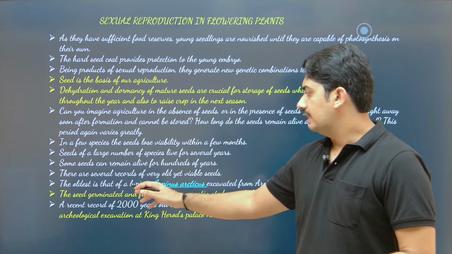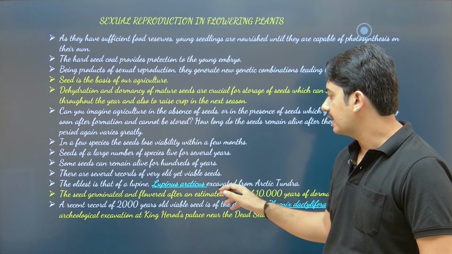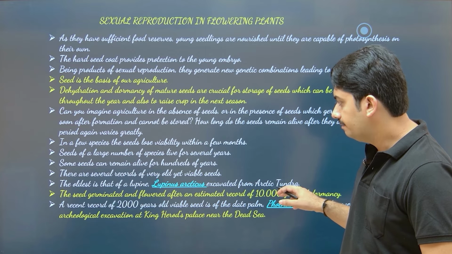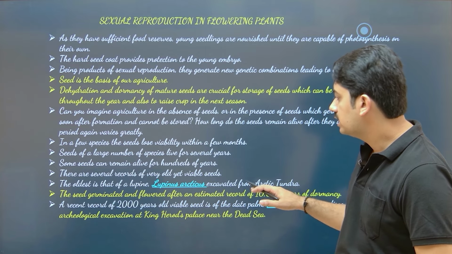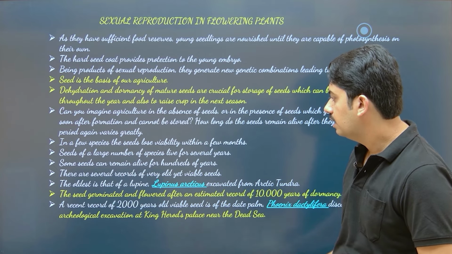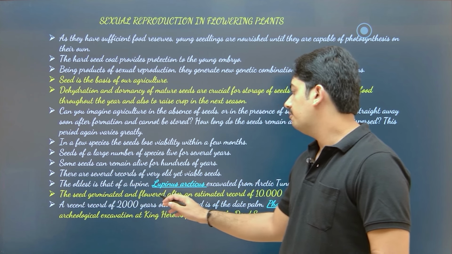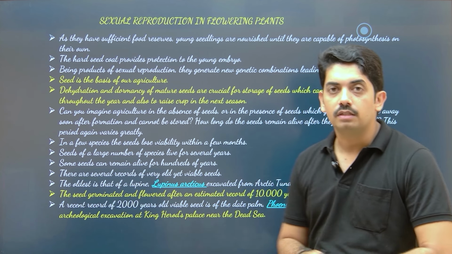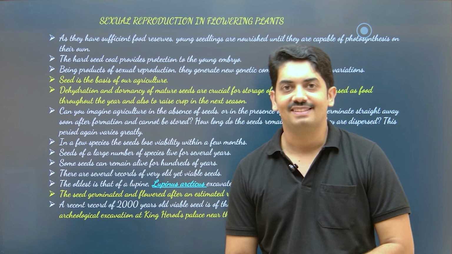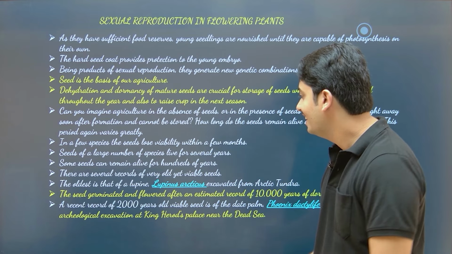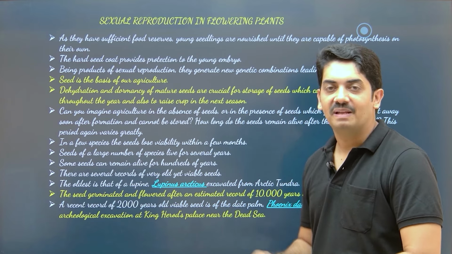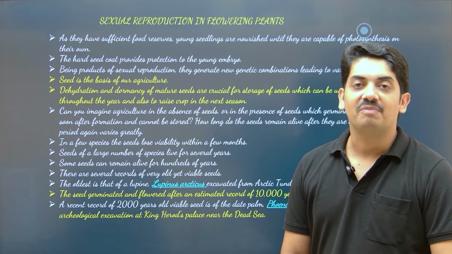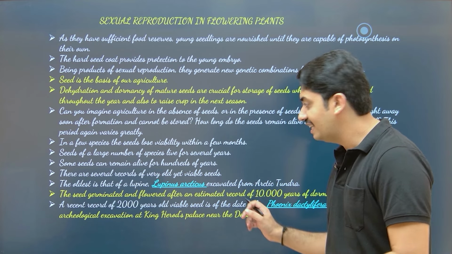The oldest is the Lupinus arcticus, excavated from Arctic tundra. Okay, so this plant, Lupinus arcticus, seeds germinated and flowered after an estimated 10,000 years. Surprising, really surprising. This Lupinus arcticus seed retained its dormancy and viability for 10,000 years.